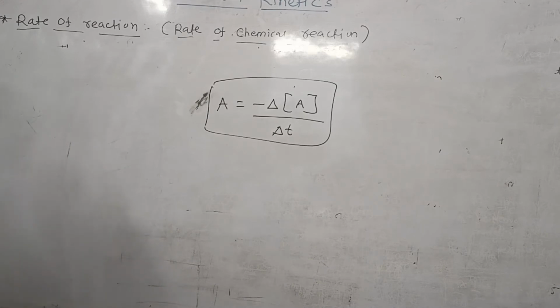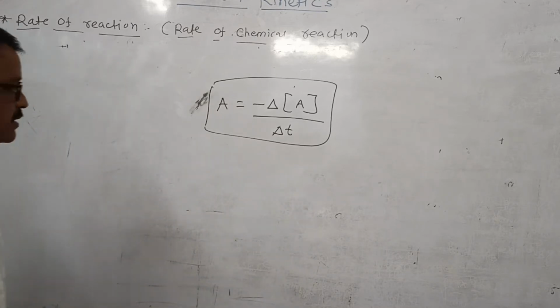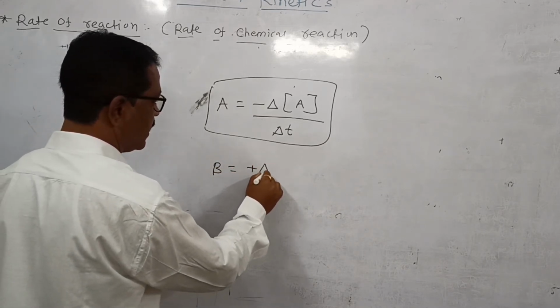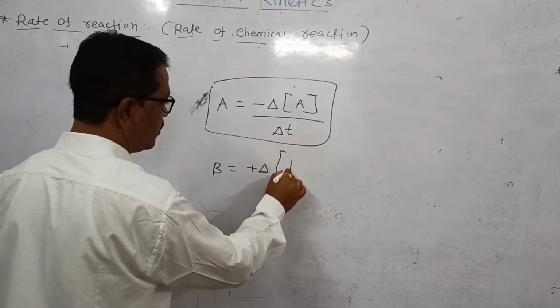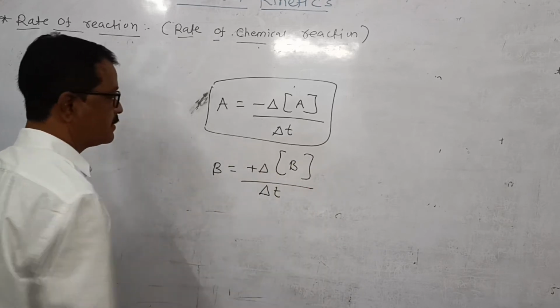Second, average rate of formation of substance P is equal to plus delta concentration of P upon delta T.